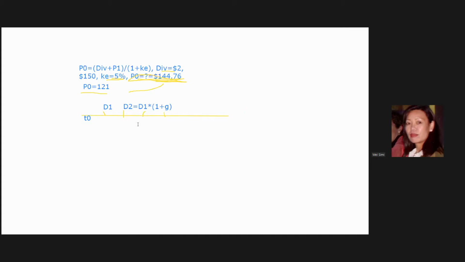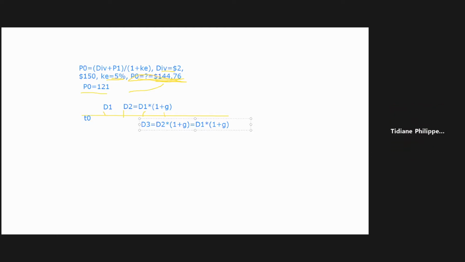I type it in here because I don't have space there. So D3 should be equal to D2 multiplied by 1 plus G, the growth rate. Because of that, we can say it equals D1 multiplied by 1 plus G, what? Squared. Very good. Yes, squared.